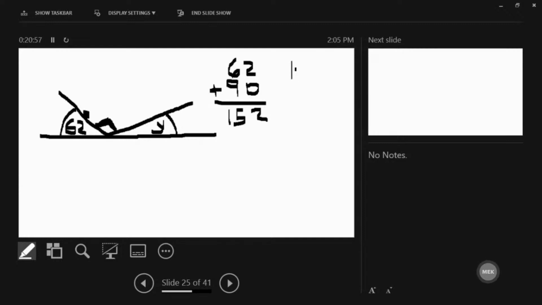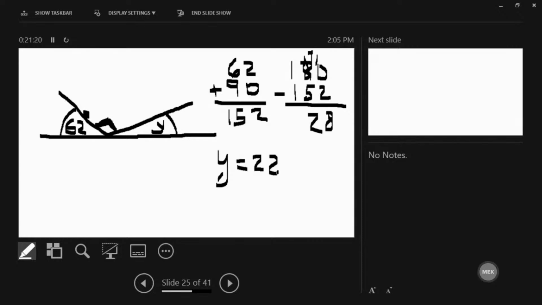We're going to take that from 180. Angles on a straight line add up to 180 degrees. So we're going to subtract it from the 180, and we're going to be left with 28 degrees. So y is 28 degrees.